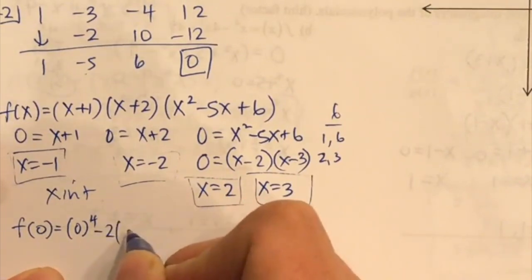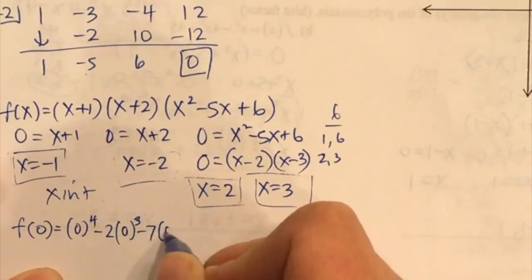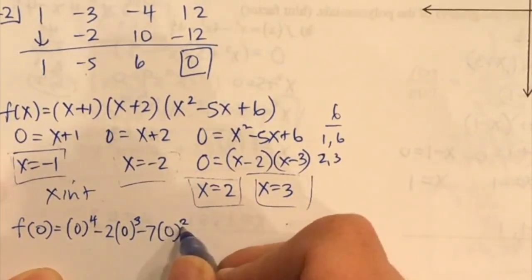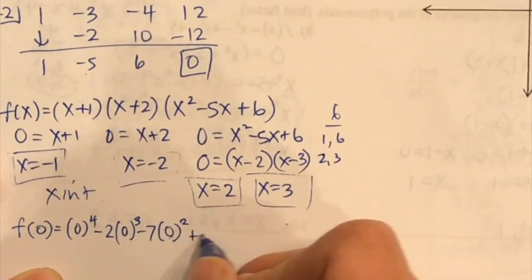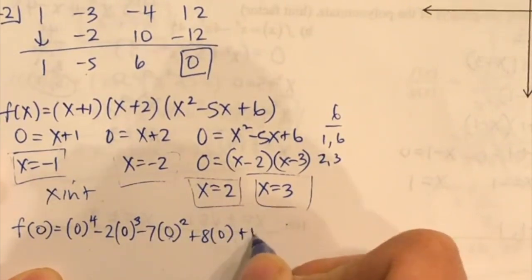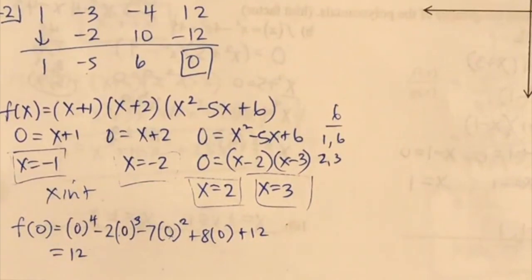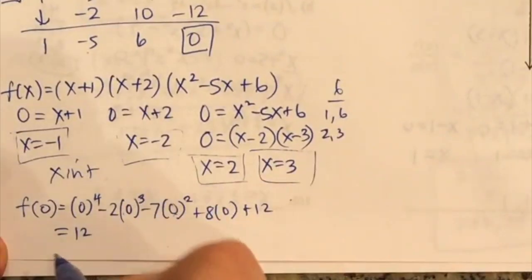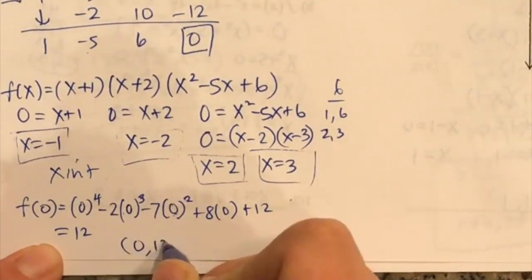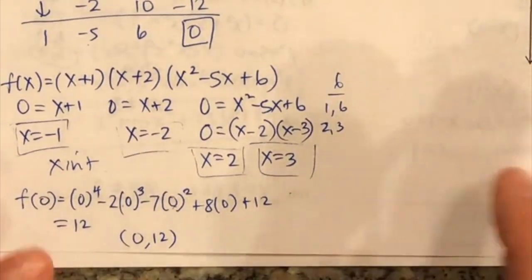So I'm using that original from the very top. Do I actually care about 0 squared? No, it's just 0. The only thing I actually care about here is the 12 at the end because each of these terms is going to be a 0. And so I get (0, 12) for my y-intercept.